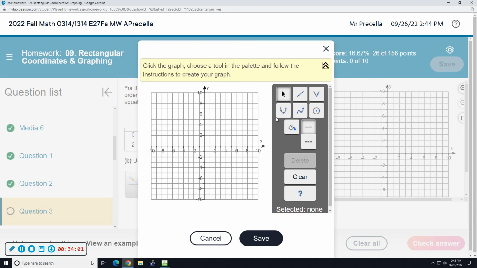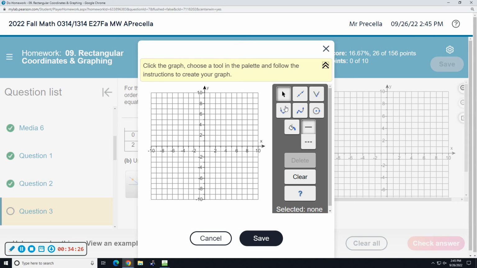Which one of these tools, if we hover, we know that's a line. If we hover over this V shape, you see, to me a V has a sharp point. A U is smooth down at the bottom, but a V has a sharp point. That's the absolute value tool. That's the most involved tool that we'll be using. We'll see that later in class.